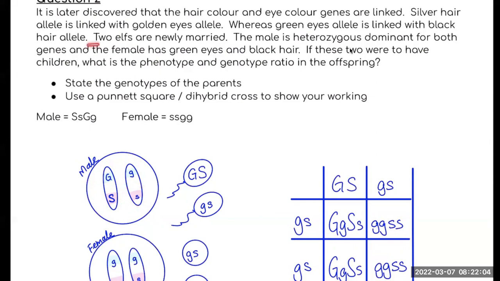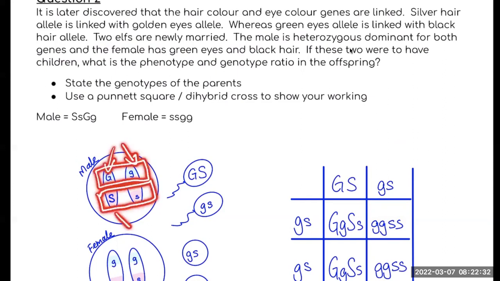So if two owls are married, the male is heterozygous dominant for both genes, to be very exact. So this is one gene, this is another gene, and he is heterozygous dominant for both of them, meaning that he has one dominant and one recessive allele for that gene.